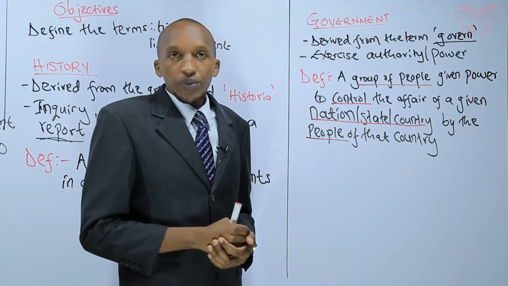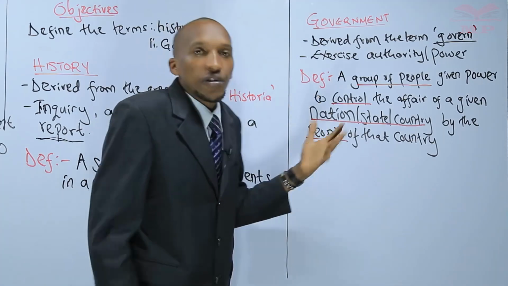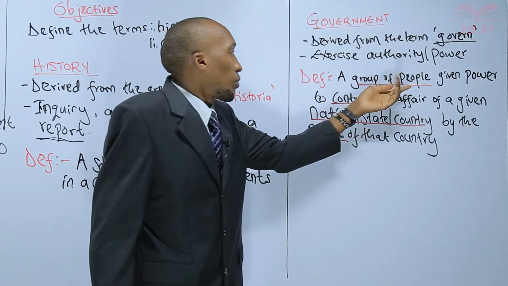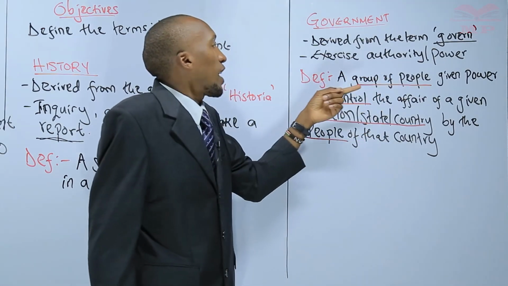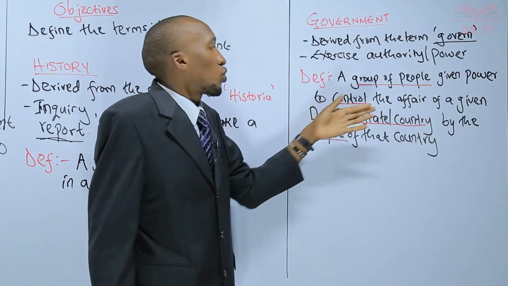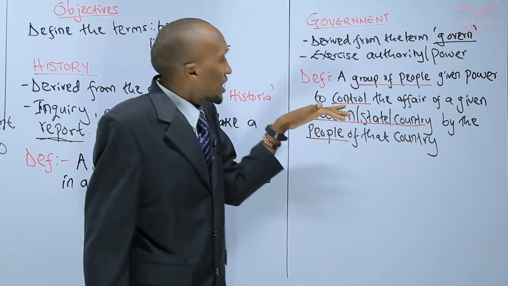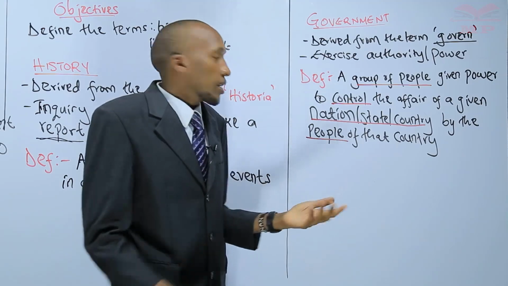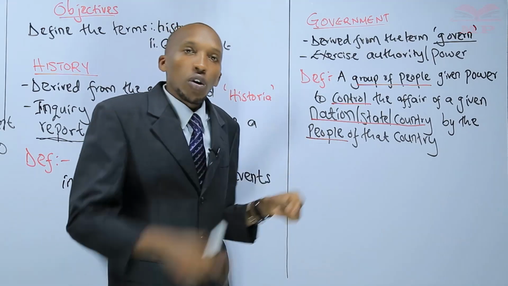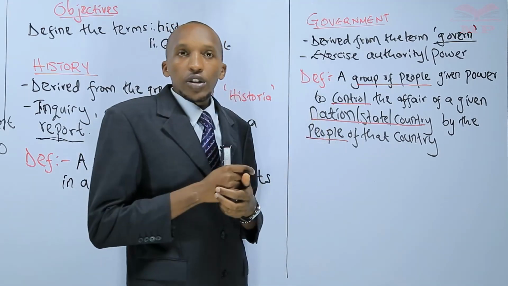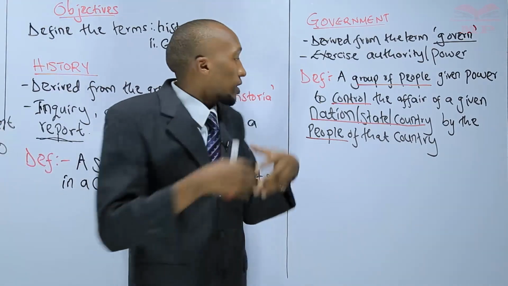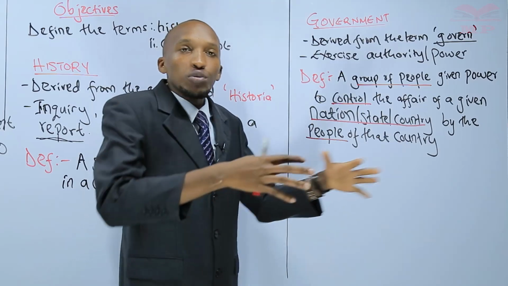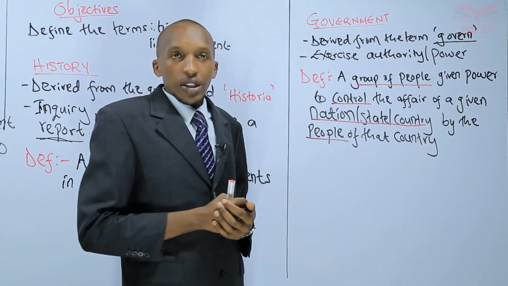So my dear learner, if you are asked to define the term government, you have to mention it is a group of people who have power to control the affairs of a specific nation, a state, or a country. And where do they get this power from? From the people of that specific country. So a person from another country cannot just come and organize the affairs of that country. It has to be the people within that state.